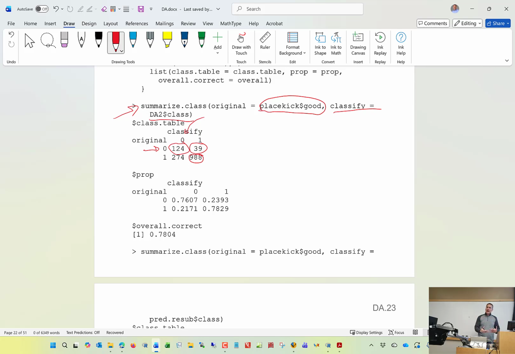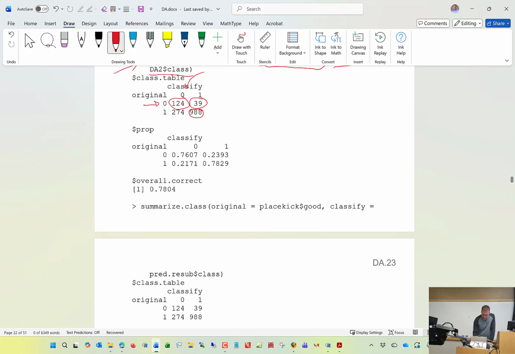Let's now look at the actual proportions that we got in terms of correct. Notice each of these rows adds up to 1. The reason being is this 0.7607 is 124 over 124 plus 39.